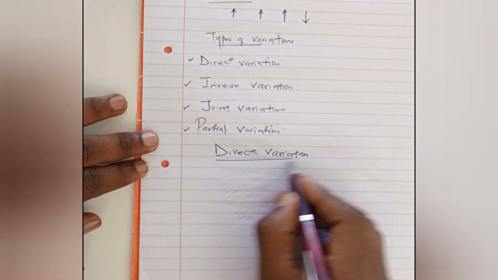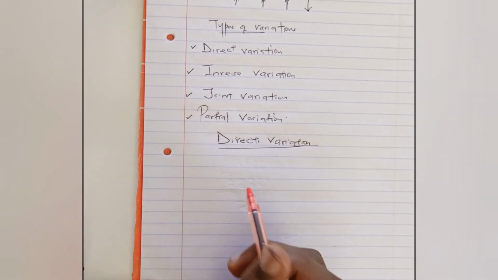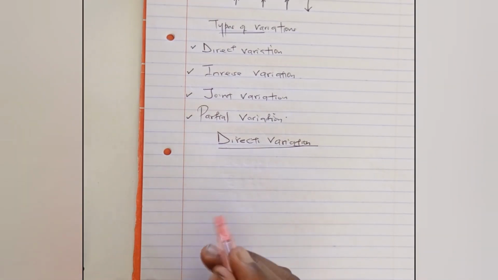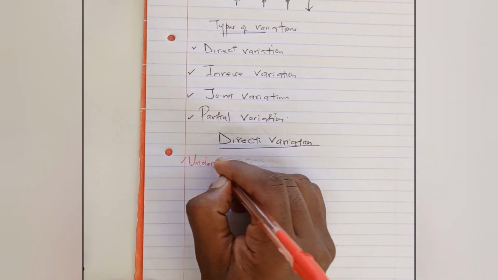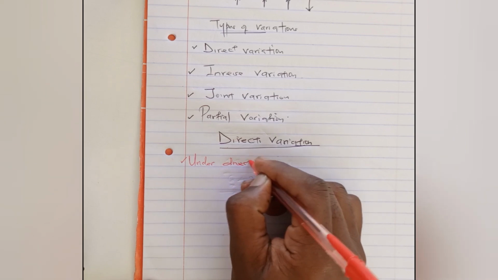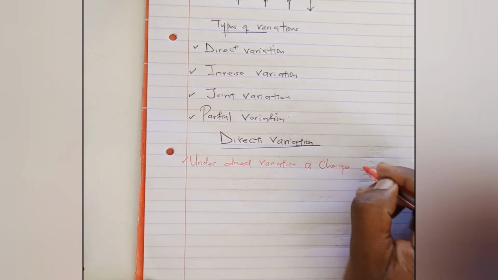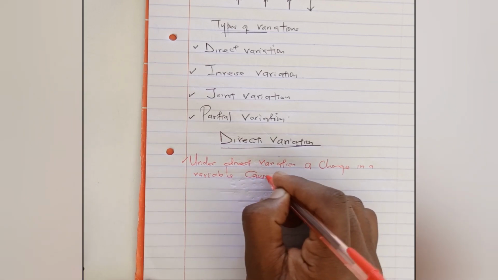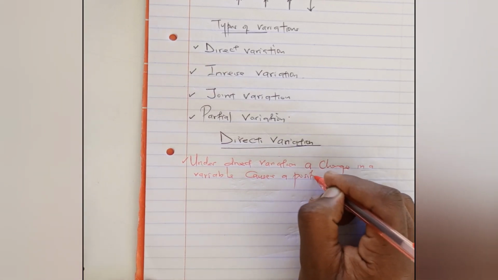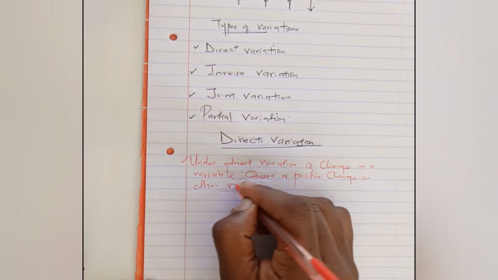In direct variation, you have a change in a variable that causes a positive or direct impact on another variable. So I'll simply say this: in a direct variation, a change in a variable causes a positive change in other variables.